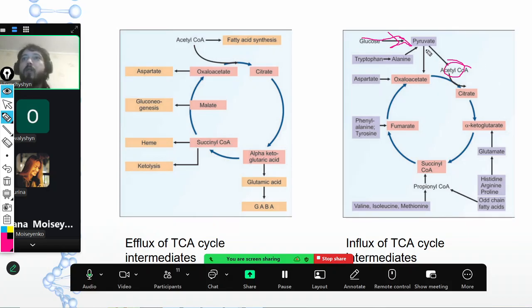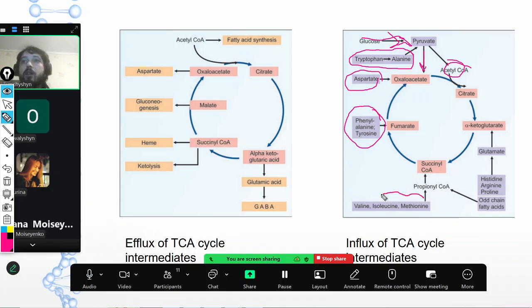There are some ways to get oxaloacetate and to get into the Krebs cycle. Some amino acids like alanine can be transformed into pyruvate, and tryptophan can be transformed into alanine, which is transformed into pyruvate. We can get oxaloacetate from aspartate. We can use phenylalanine or tyrosine to get fumarate, which is once again a part of the Krebs cycle.